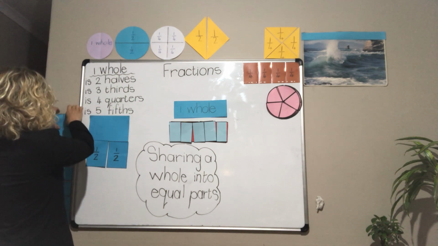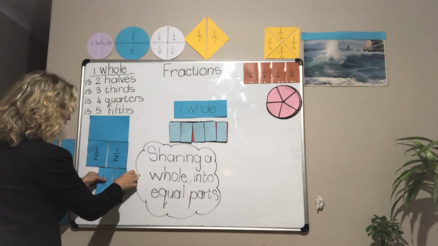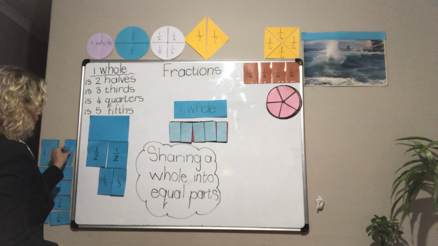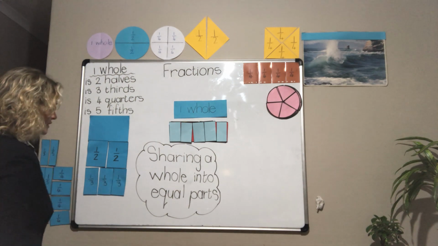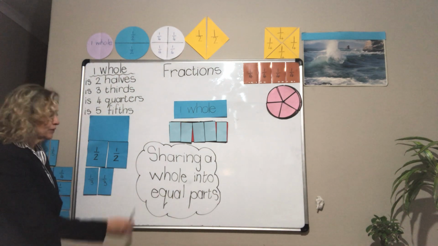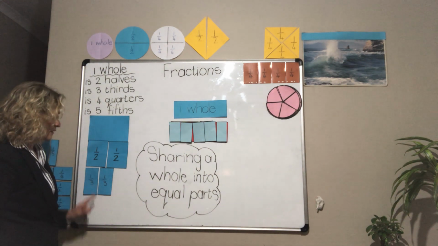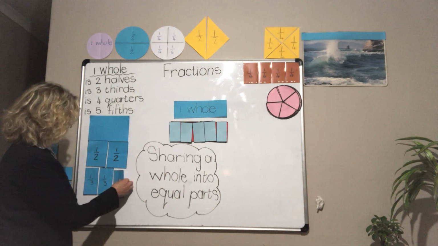The same rectangle has 1, 2, 3/3. Can you see? If I remove 1/3, how many thirds would be left? 1, 2/3 would be left.